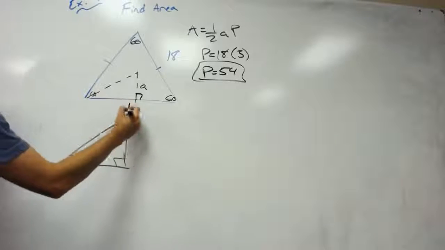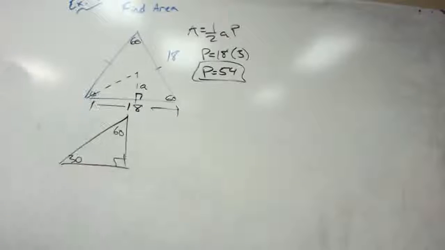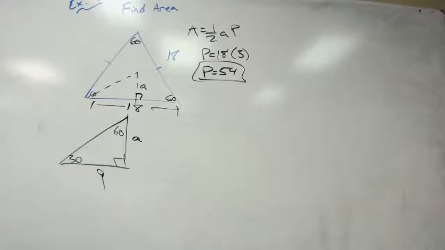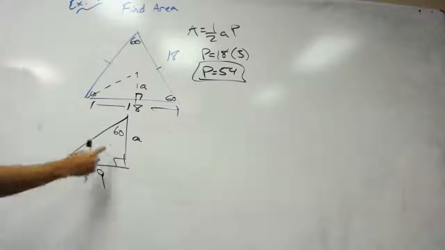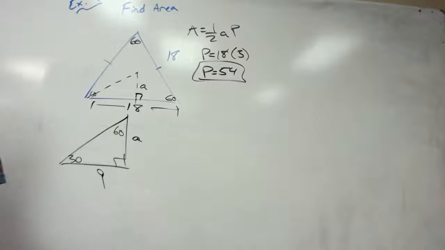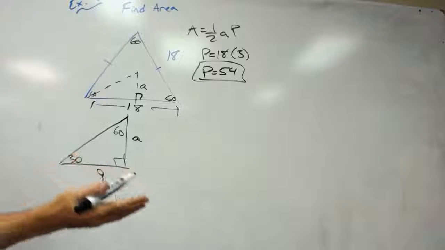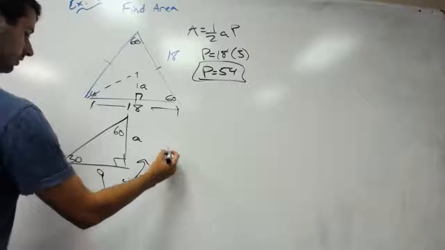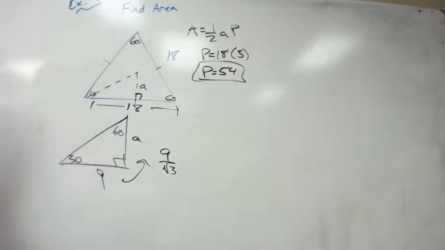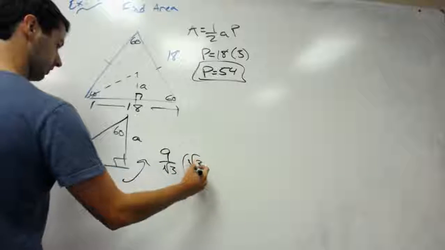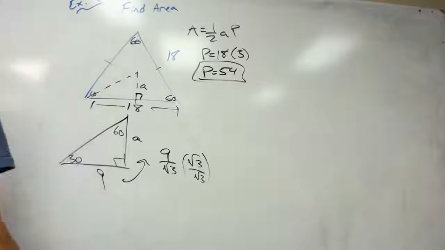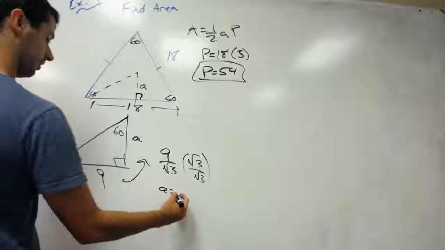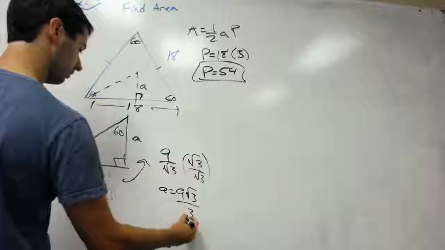We know our total base here was 18, so we cut that in half to be 9, and we're finding a. So now we got to go from a long side to a short side. Short side to a long side is multiplied by radical 3. Long side to short, we are going to divide by radical 3. Get rid of the radical in the denominator to get an apothem of 9 radical 3 over 3.